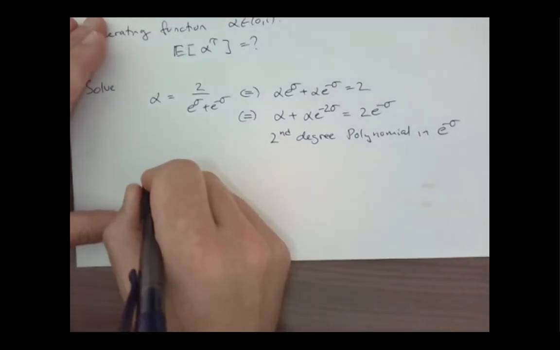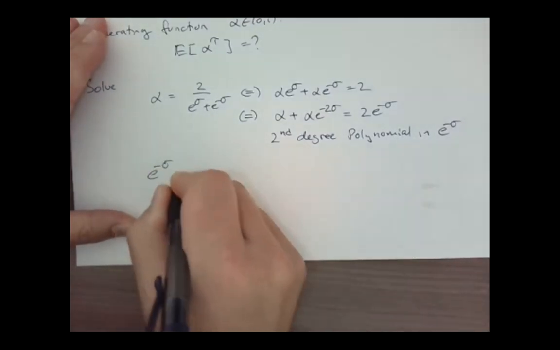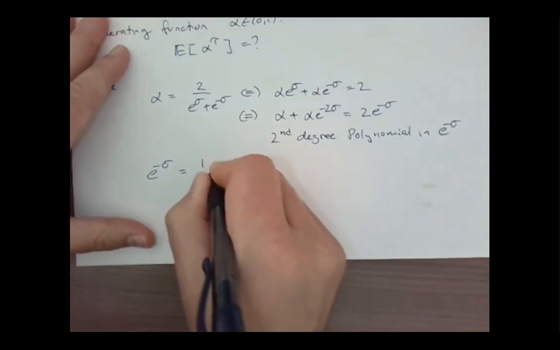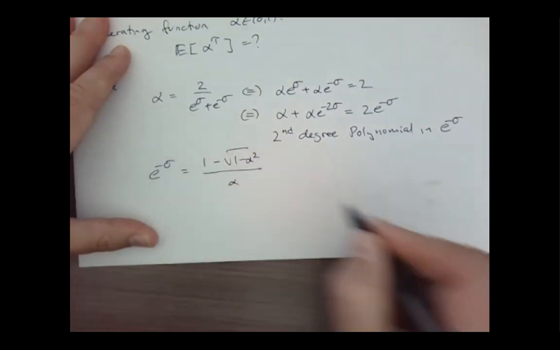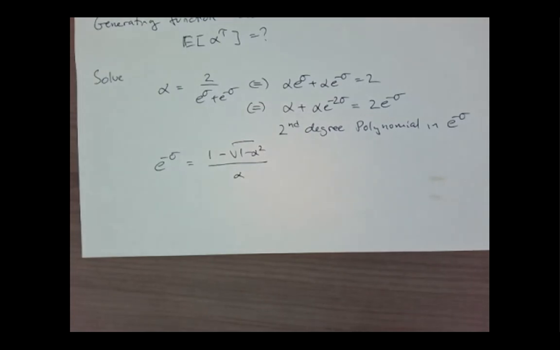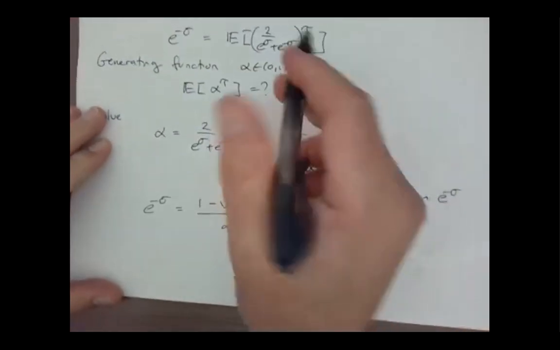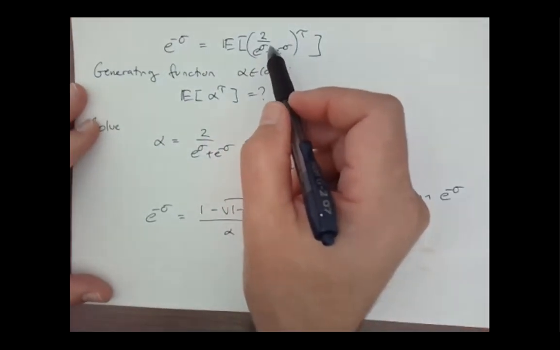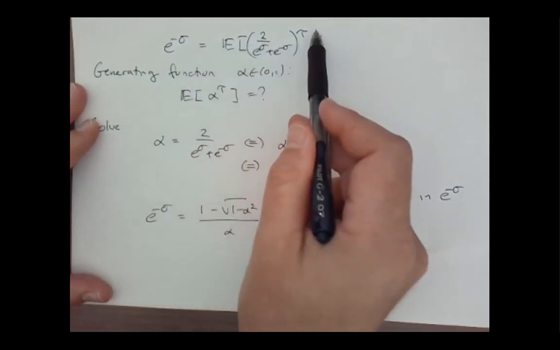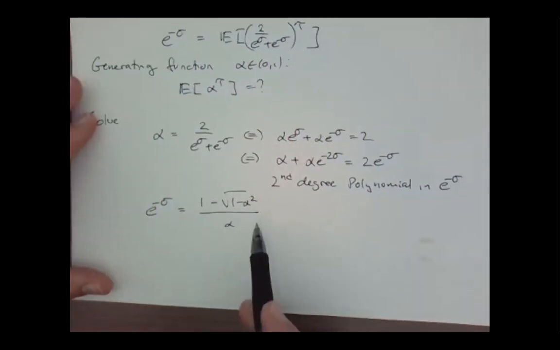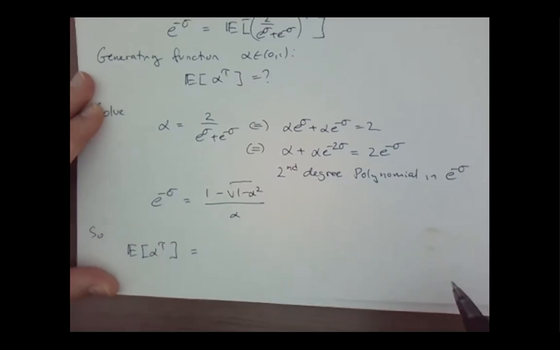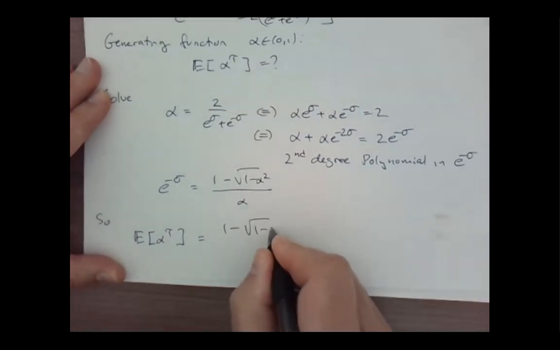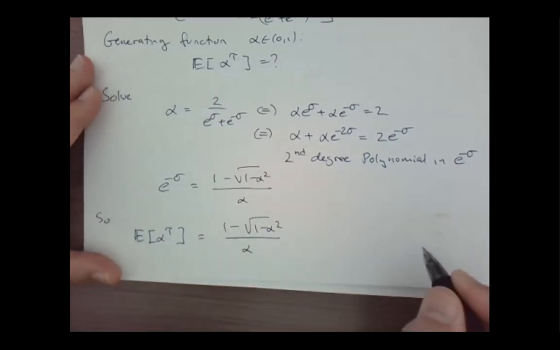You will get e^(-sigma) is equal to 1 minus the square root of 1 minus alpha squared, divided by alpha. And then you get the generating function. This here now becomes alpha to the power tau, and the left-hand side, the thing you just solved for, is 1 minus the square root of 1 minus alpha squared, divided by alpha.